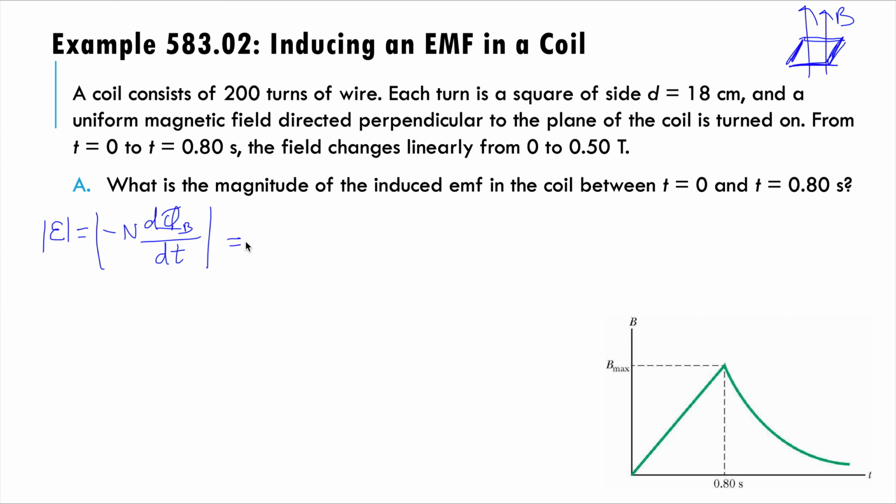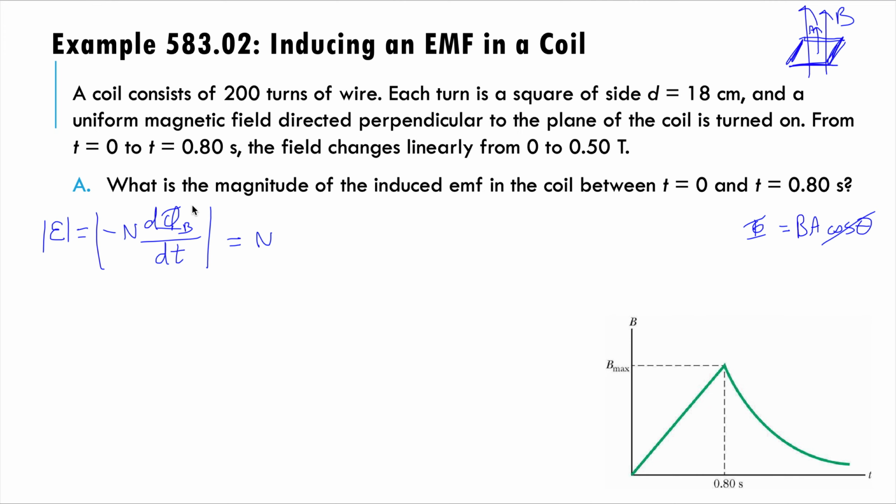So we can rewrite this as the flux is AB cosine theta, right? But the area vector is perpendicular to the loop as well. So we can see that when the field is perpendicular to the loop, A and B are parallel, and the cosine, let me just write this on the side here, BA cosine theta, we know that the cosine vanishes when the field is perpendicular to the loop.